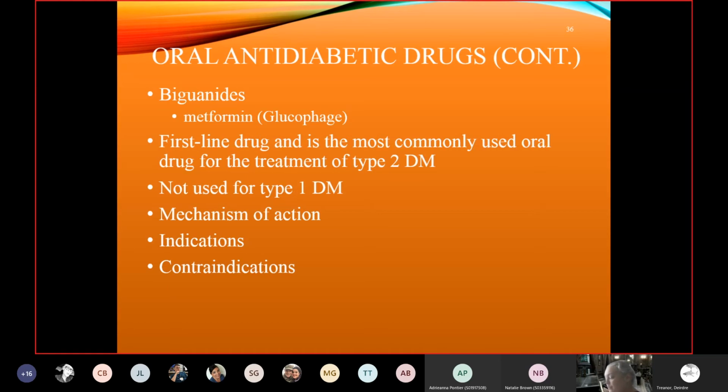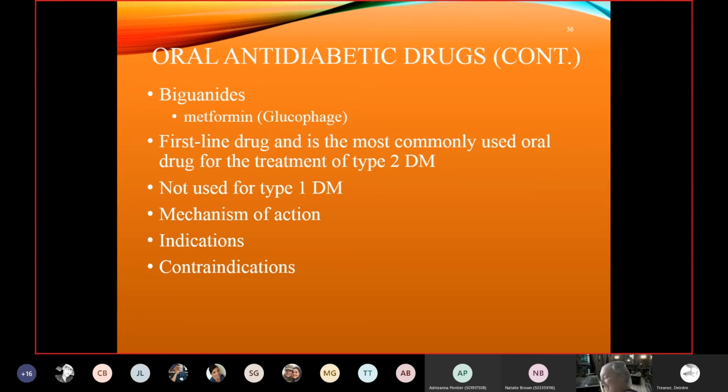And it also decreases intestinal absorption of glucose and improves insulin receptor sensitivity. That way you have more peripheral glucose uptake and decreased hepatic function of triglycerides and cholesterol, which will also help with any hyperlipidemia.